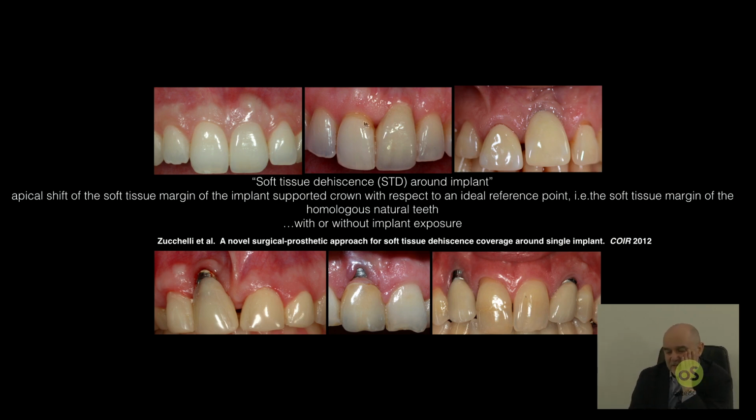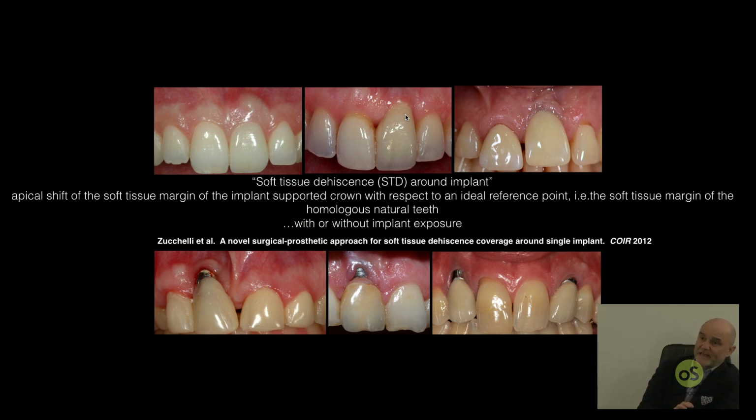I can tell you that in my opinion, and this is what I also wrote, gingival recession starts once there is a misalignment of the soft tissue margin of the implant-supported crown with respect to the adjacent or homologous natural tooth. This is the starting point of gingival recession, independently of whether or not there is metallic exposure.